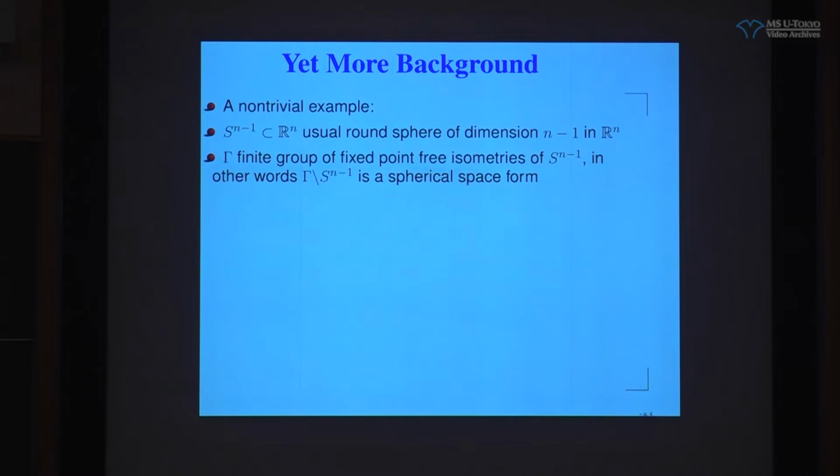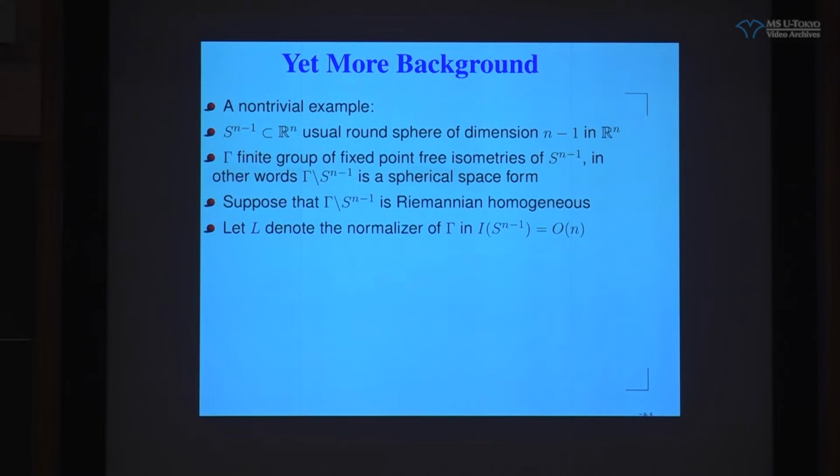Now let's suppose that it's homogeneous. I'll do the sort of thing I was doing before. I'll take the normalizer of gamma inside the isometry group of the sphere, which is the orthogonal group.